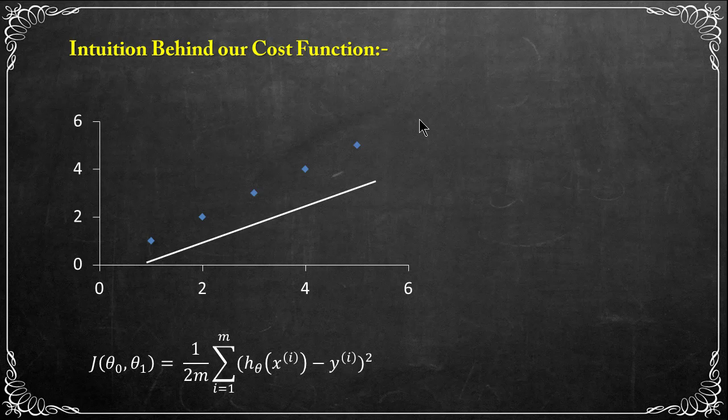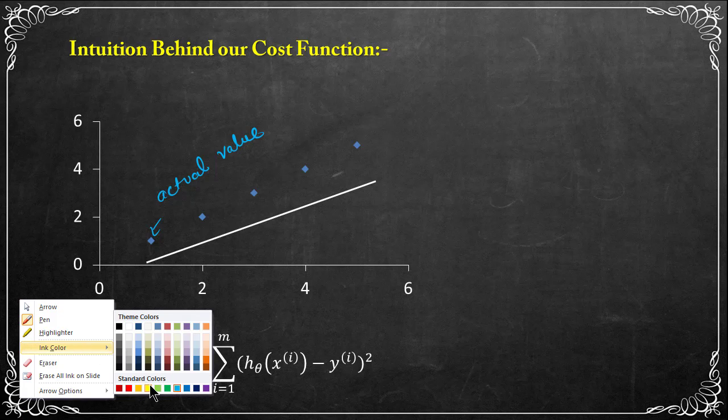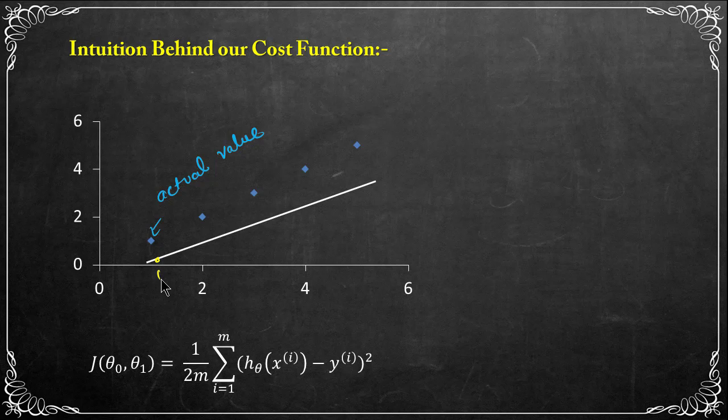So let's say we have this kind of example here, and now let's see what the cost function is actually doing. Let's say this point here is our actual value, and this line here is our predicted value.